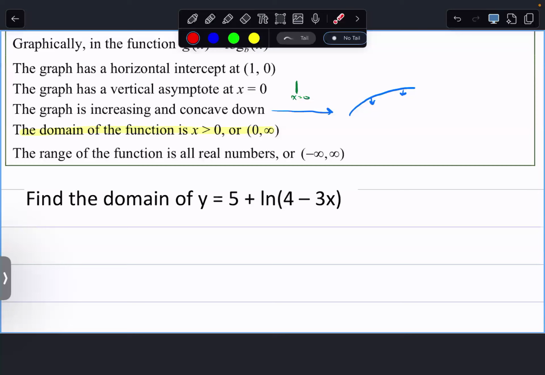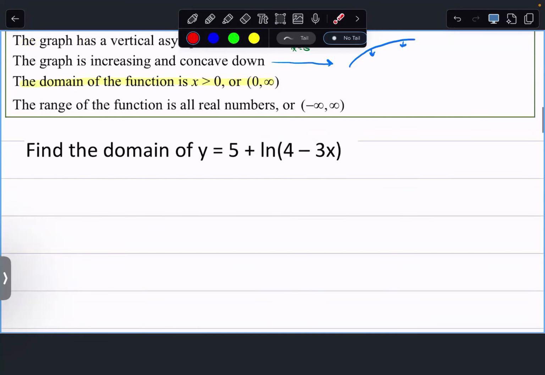If we have to find the domain, that is something that I need you to be able to do. We've already relied on finding the domain for identifying reasonable answers. In this case, I first look out for division. There's no division.